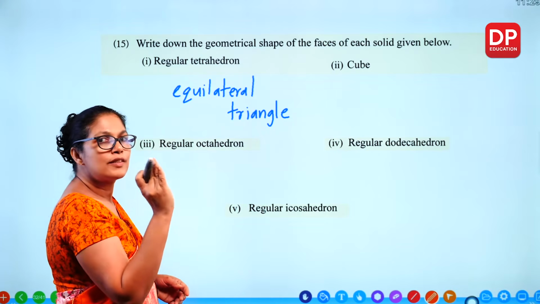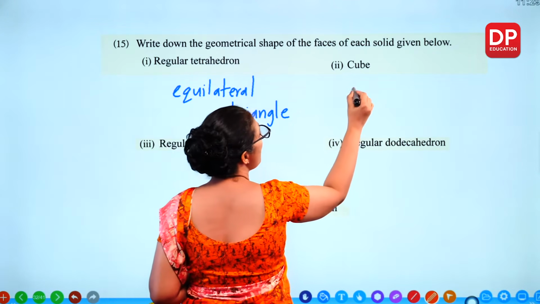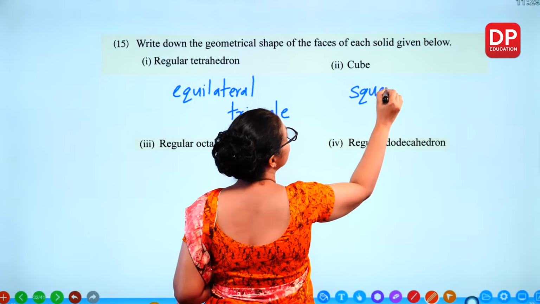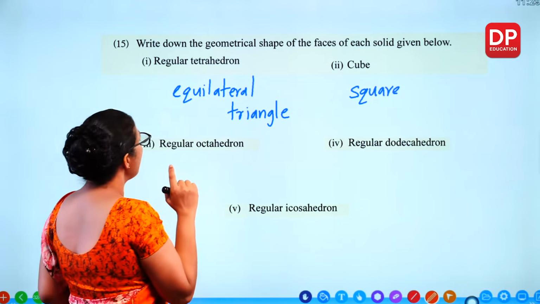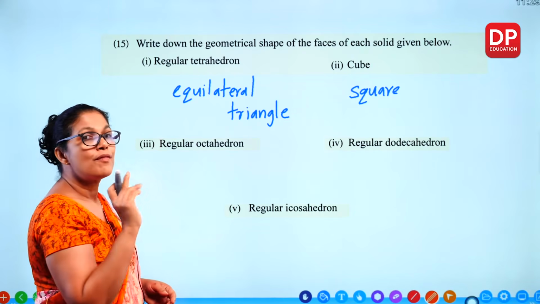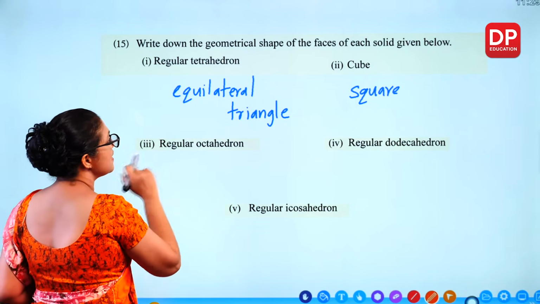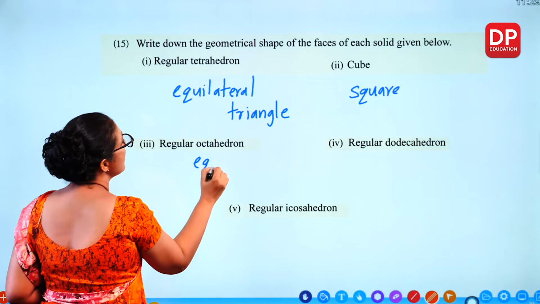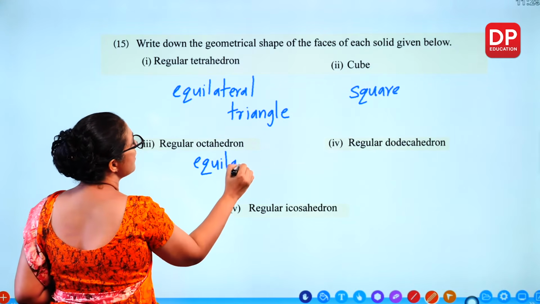Cube. So what's the shape? A square. Regular octahedron. Again 8-sided shape. That means that's also equilateral triangle.